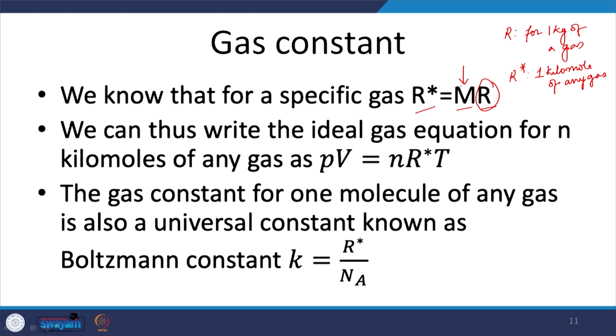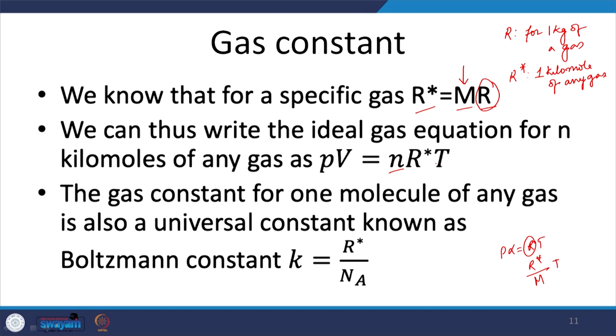So we can thus write, you can use this in the earlier gas equation, which was P alpha equals RT. Instead of R, you can use R star by M times T. So which you can write, for the number of moles, as PV equals N R star T. Now the gas constant for 1 kilomole of any gas is the universal gas constant. The gas constant for 1 kg of a specific gas is the specific gas constant.